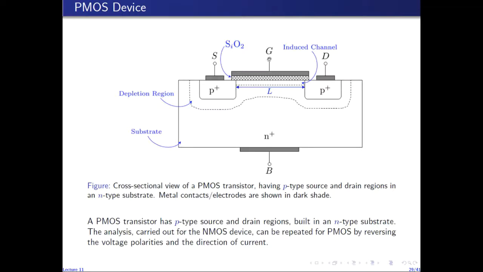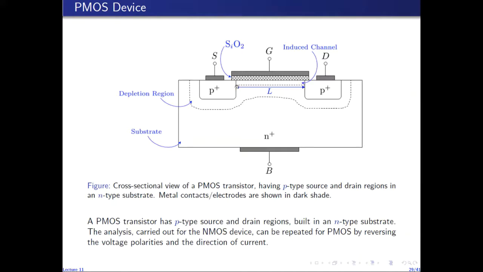And for a suitably large negative value of VGS, the holes in the source and drain region are then attracted and accumulated under this region of the substrate. And this essentially converts this region under the oxide layer into a P-type conducting channel.